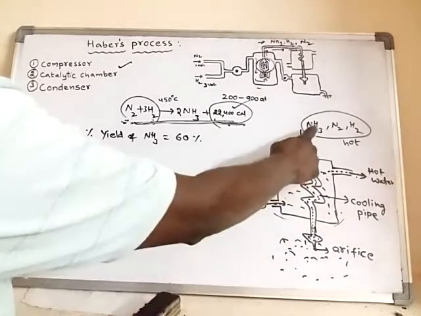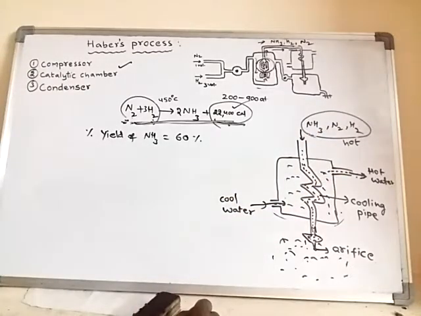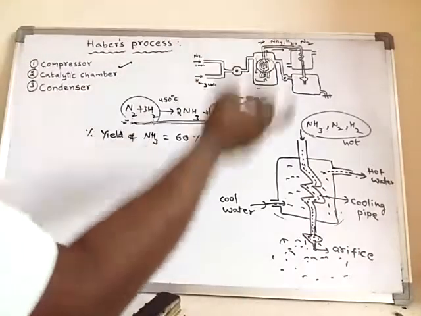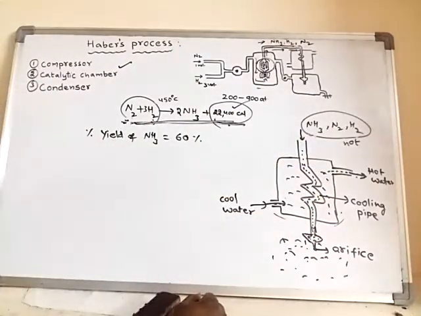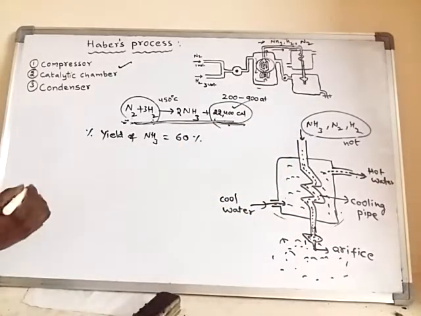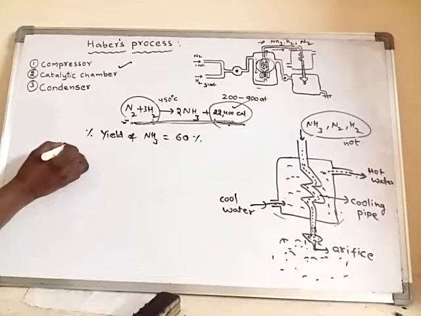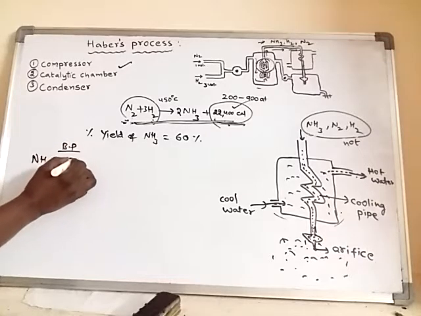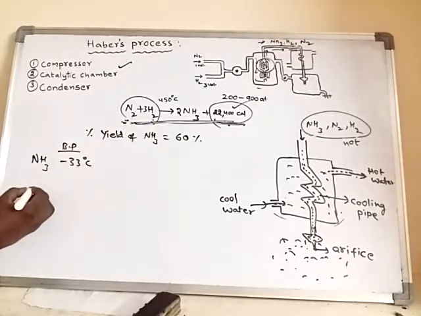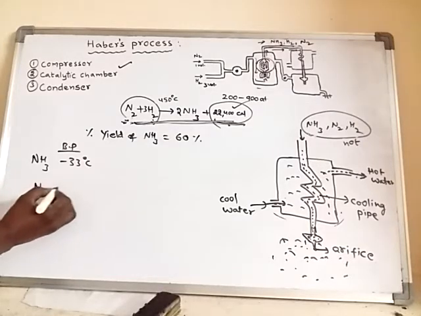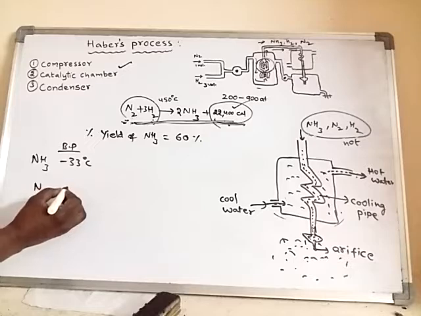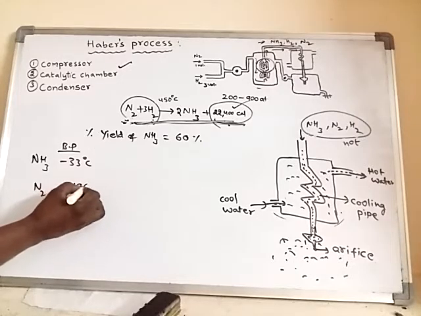But will all the substances convert into liquid? No. Depending upon the boiling points of the substances, those substances will convert into liquid. For example, ammonia has a boiling point of minus 33 degrees centigrade, whereas nitrogen has a boiling point of minus 196 degrees centigrade.